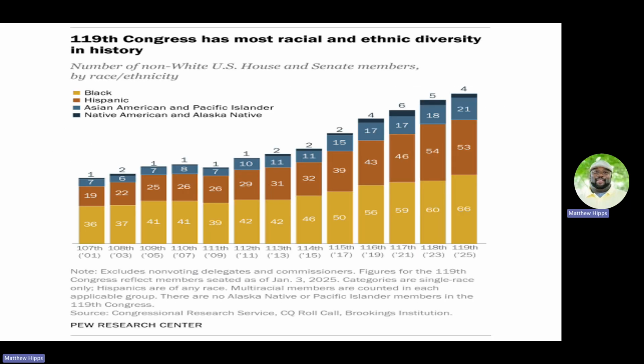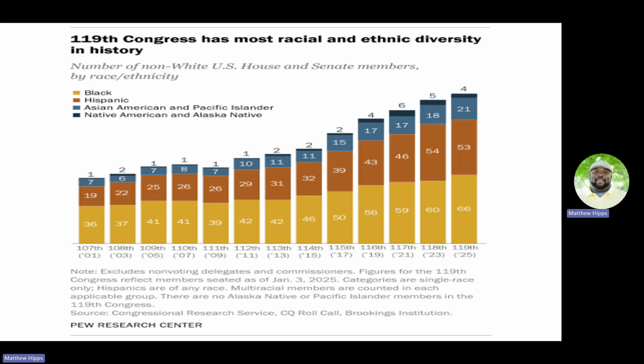So we can see there is more racial diversity than there's been. You can see the numbers for Black representatives, for Hispanic representatives, for Asian representatives, and for Native American representatives have increased over time. However, they still are significantly in the minority.